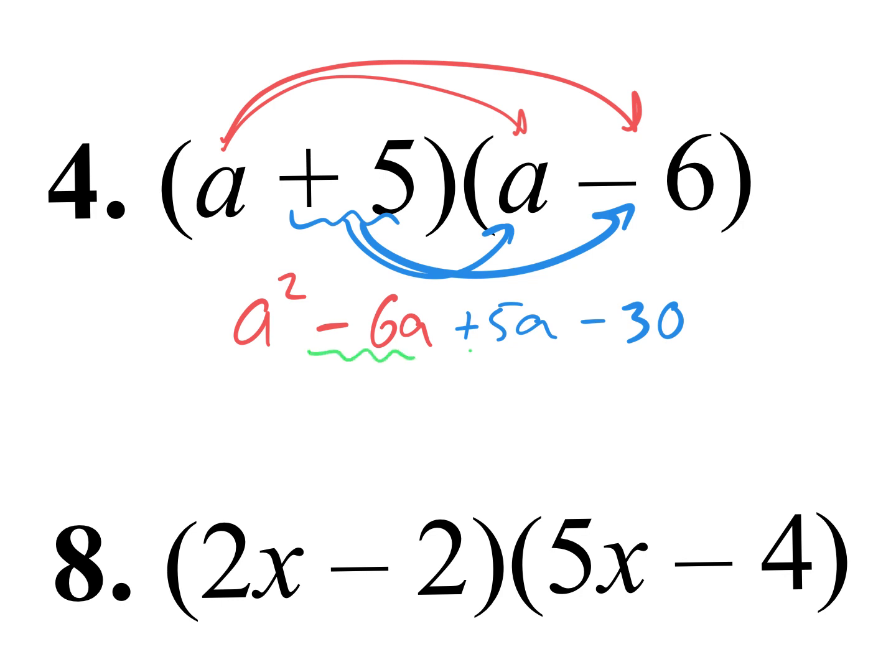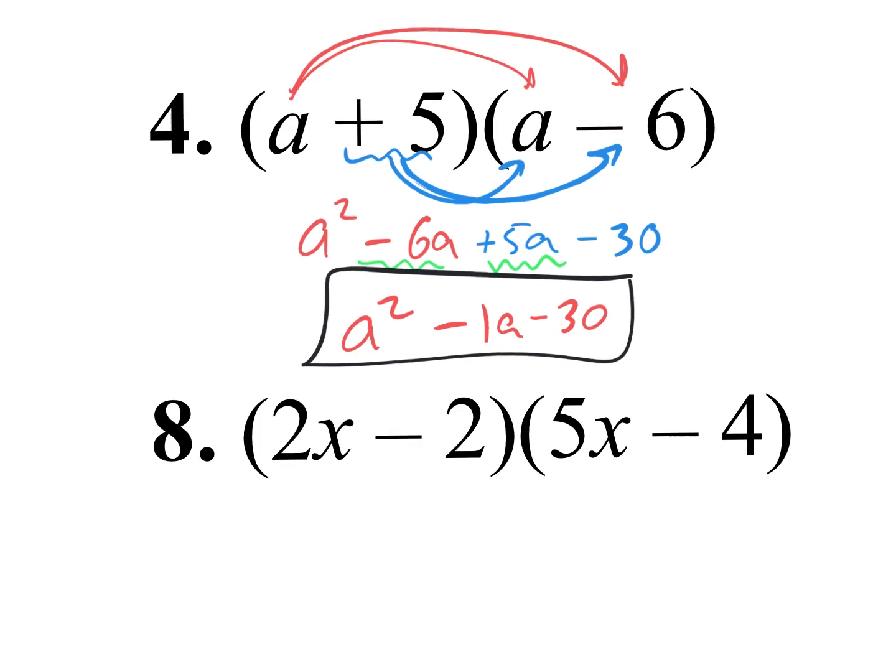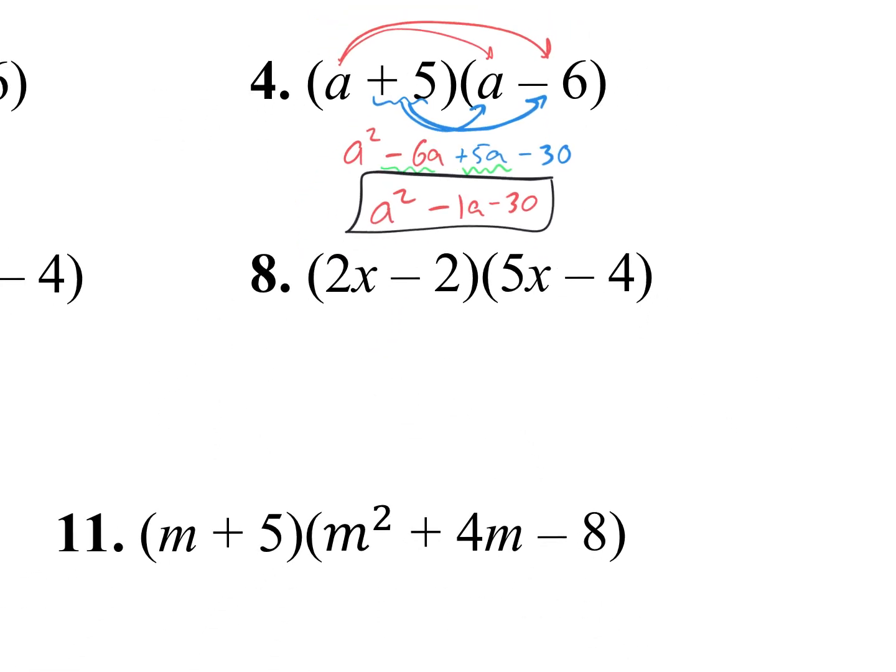Combine the middle terms because they're both a values, they're like terms. You're going to have an a squared minus 1a minus 30. You ultimately have to do it that fast, and of course, without making mistakes. It's not a difficult skill, but you need to master it, right? And the only way to master it is to practice it over and over and over, distributing, right?